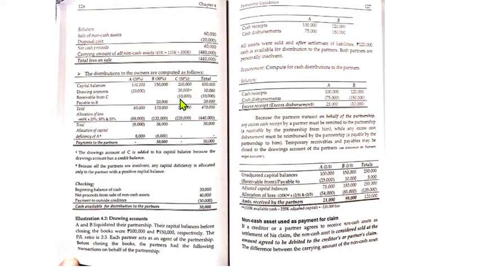Matatanggap ni partnership from C, so ibawas natin sa kanyang capital. Ito namang payable to B, utang ng partnership kay B, so i-add po natin. So therefore, the total capital balances before we allocate the losses is 80,000 for A, 170,000 for B, and 220,000 for C. Total of 470,000.